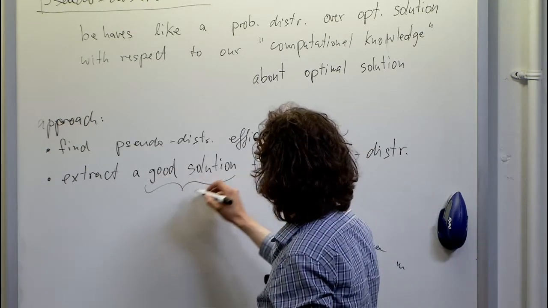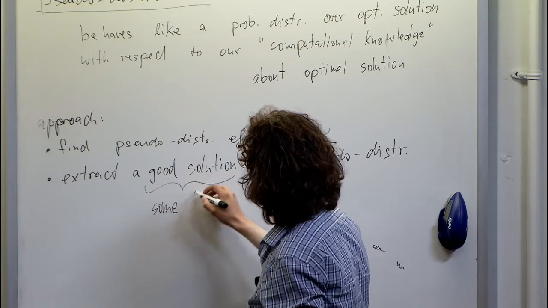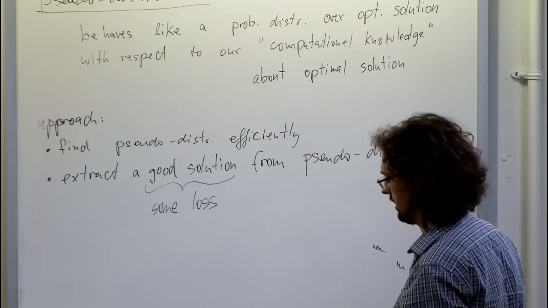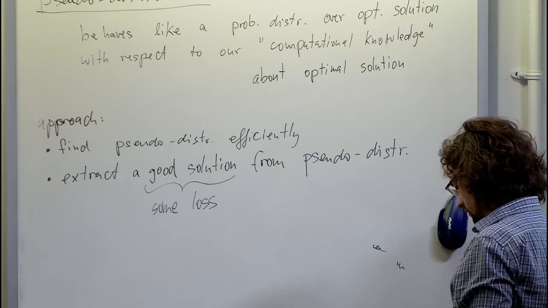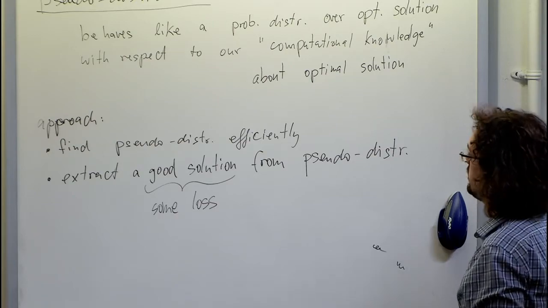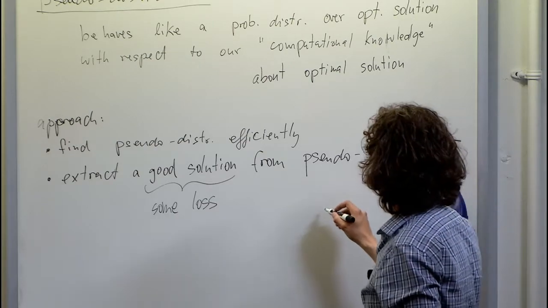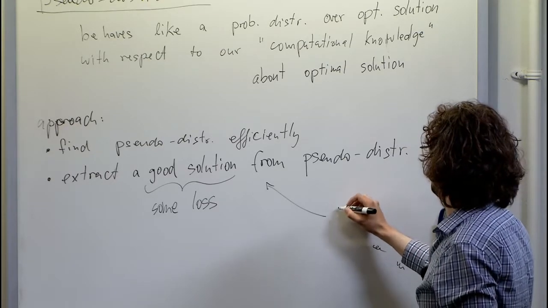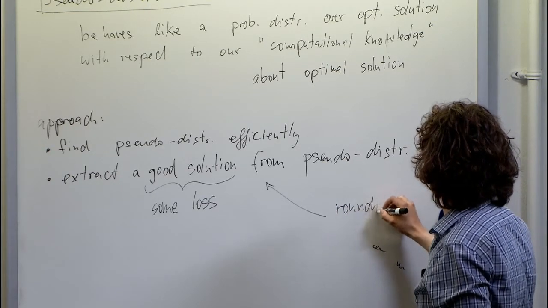There will be some loss here, which will determine the approximation factor. Okay, so this is the general idea, and there are different ways of thinking about this step. This is sometimes called rounding.